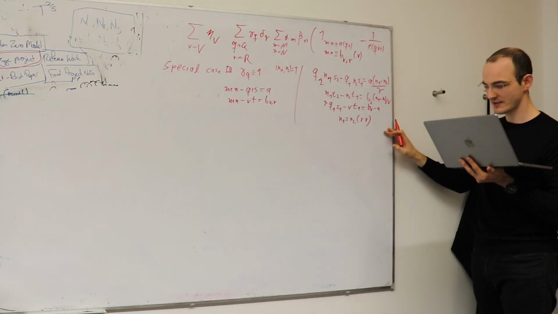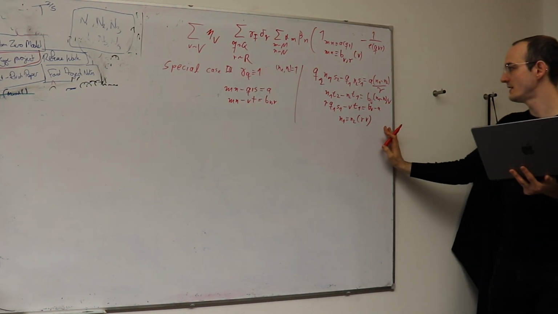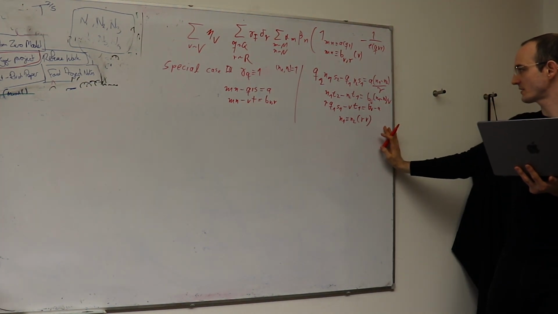Then I'm claiming this is the system of equations, and we wrote down the proof here. Does it seem realistic to you?